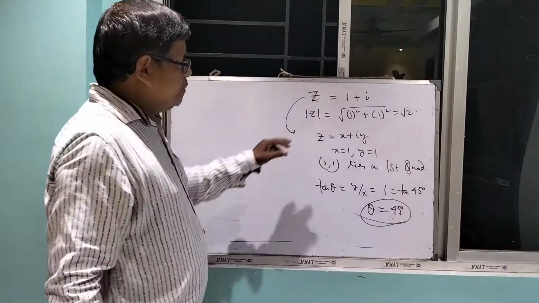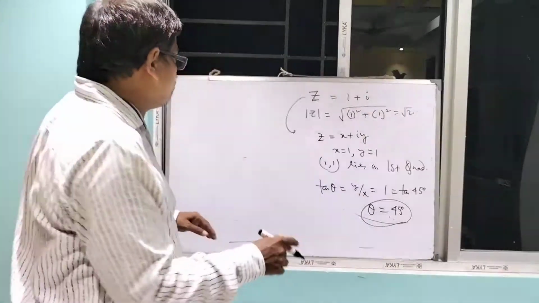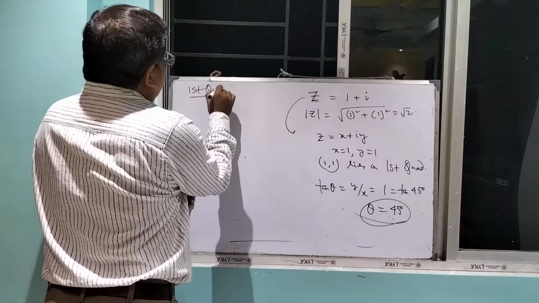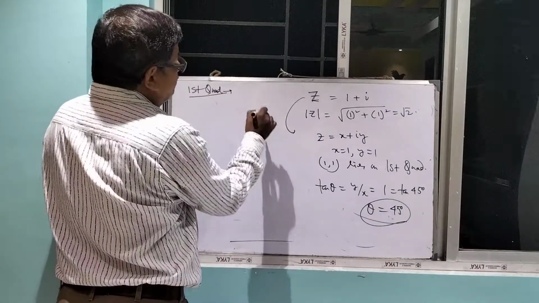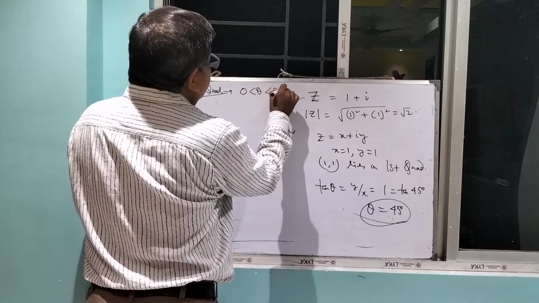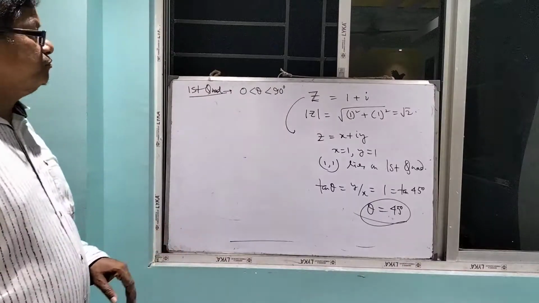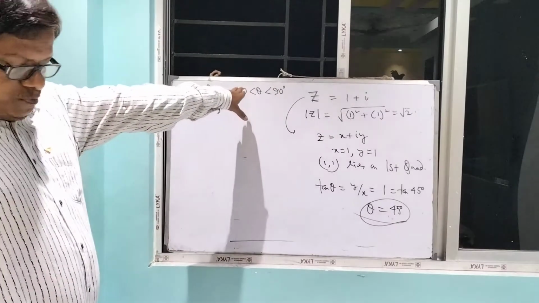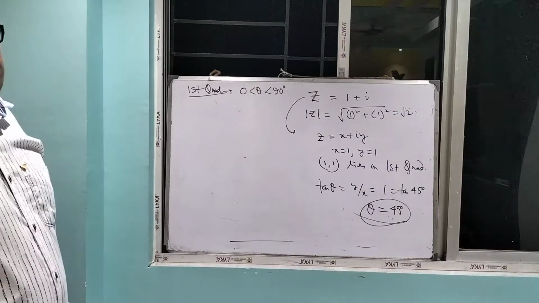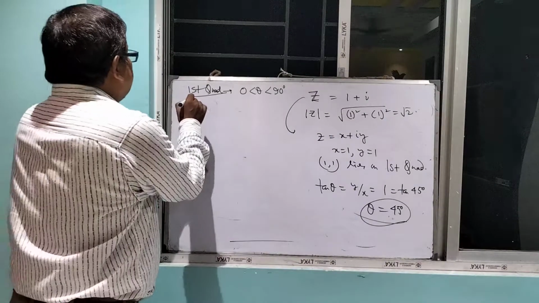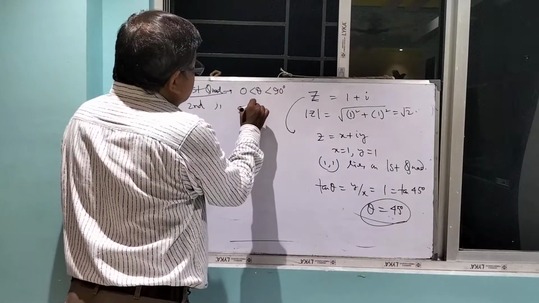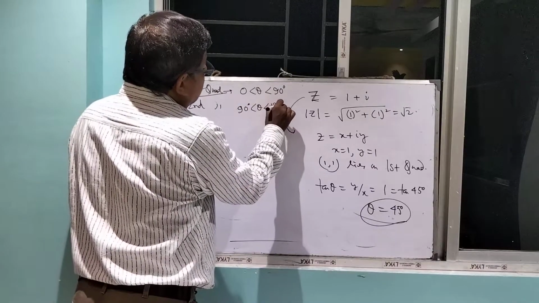Keep in mind the range for the first quadrant: 0 less than theta less than pi by 2, that is 90 degree. The principal value of argument theta lies between 0 and 90 degree. For the second quadrant, 90 degree less than theta less than 180 degree.